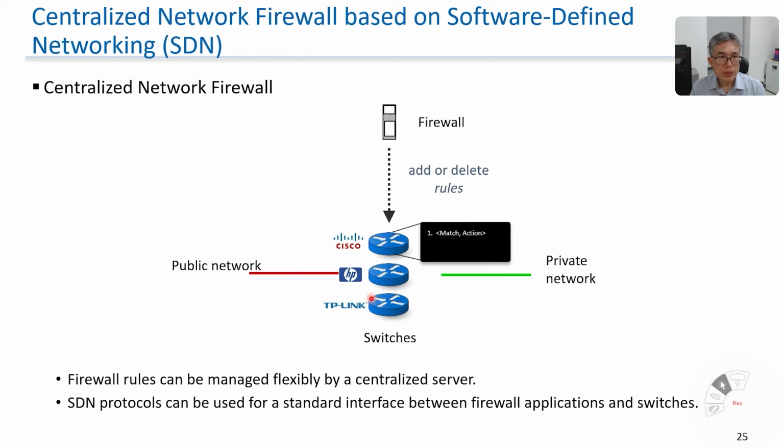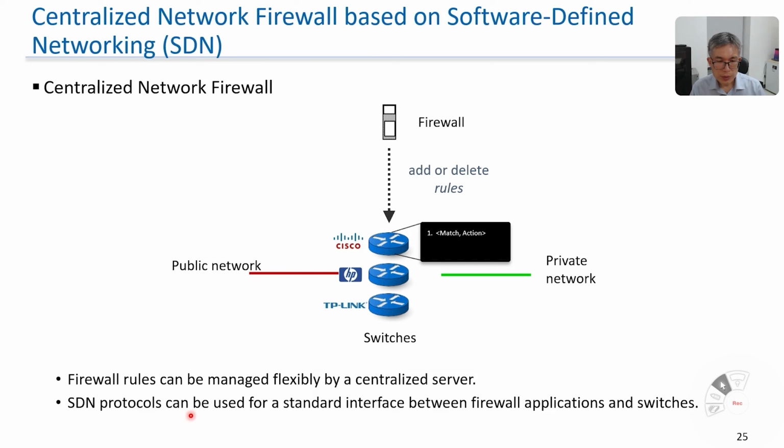So, the centralized network firewall. This is the firewall, with some software giving some rules. This is SDN. For example, in the SDN controller case, as a control for firewall, switches can be used for the firewall service. So firewall rules can be managed flexibly by a centralized server. We can call this the SDN controller.